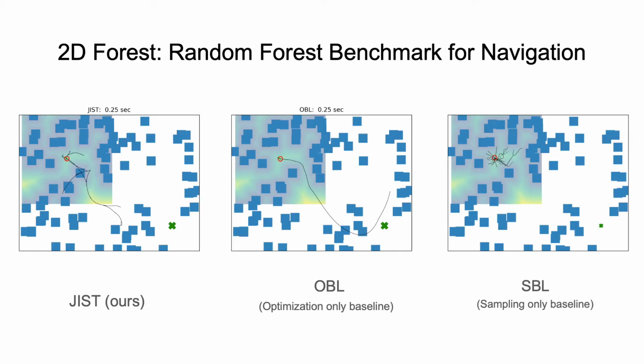The first experiment we consider is 2D XY-yaw navigation in a 2D dynamic random forest. Here, in all our experiments, the robot is operating under limited visibility marked by the signed distance field gradient, and also has noisy sensing and noisy action execution.